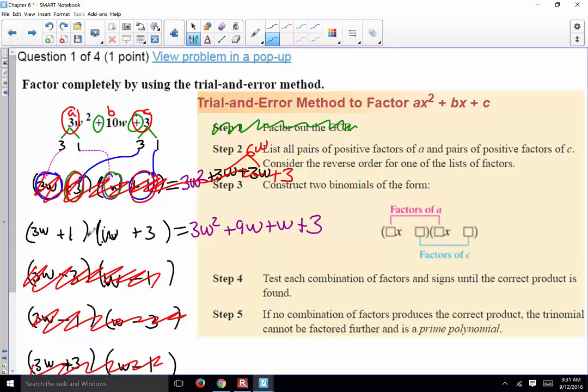So just because you have only one option left doesn't mean it's correct. We call it prime, an unbreakable trinomial. Then you choose not prime and go to the next question. But this one checked out fine, because these two make 10w. And we're done.